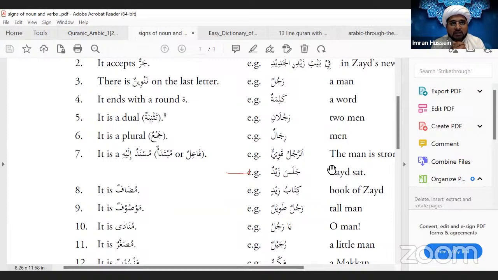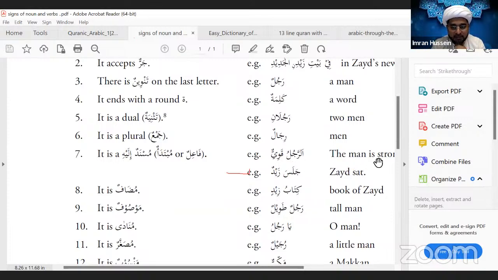But if I say the man is strong, it's a complete sentence, correct? Because in English, when you put the word is, it completes a sentence, because you need two parts: a subject and a predicate. In Arabic, we call them mubtada and khabar.